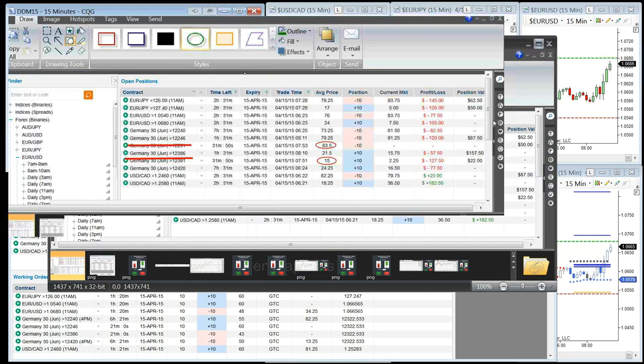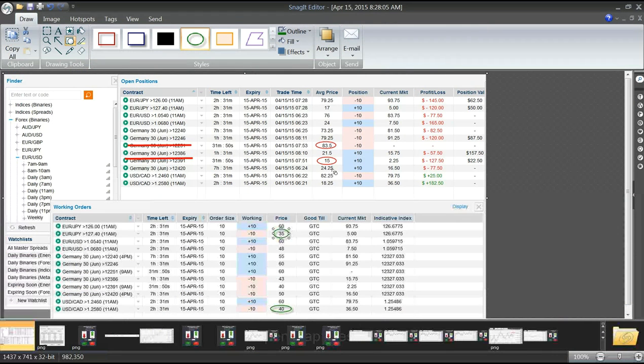Okay, this is my screen capture. As the orders are filled, I just circle where they were filled at. I put it in an Excel spreadsheet. This is why I did the screen capture, because I knew it's going to be tough.